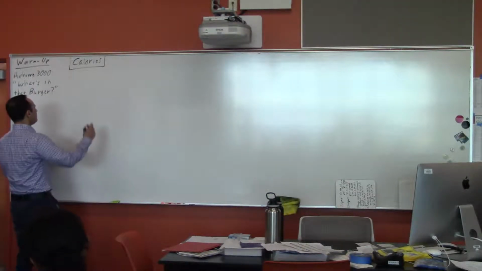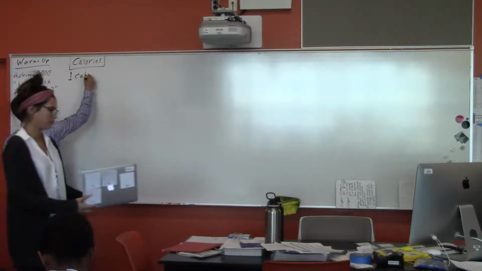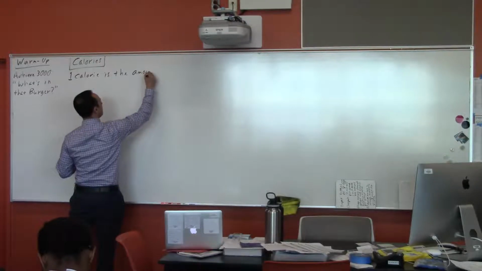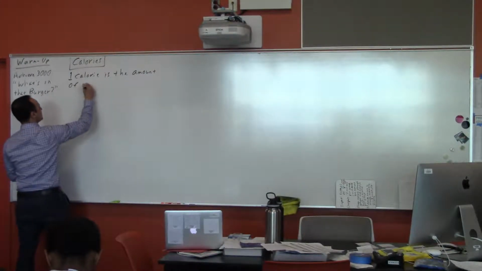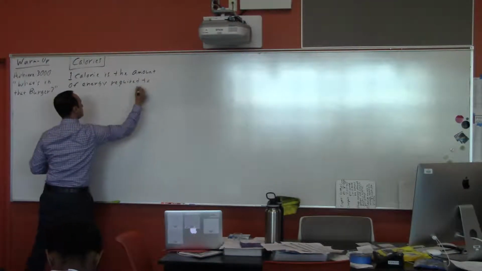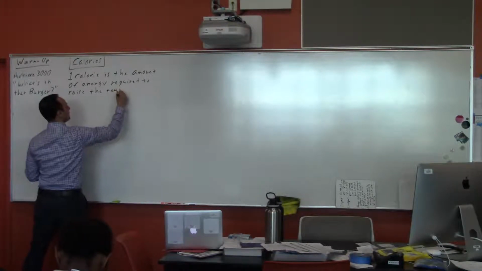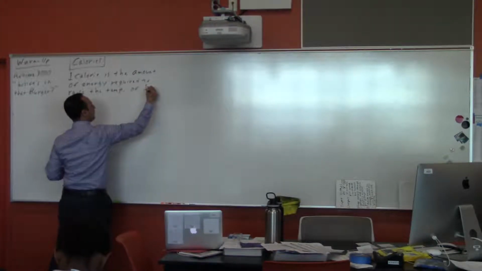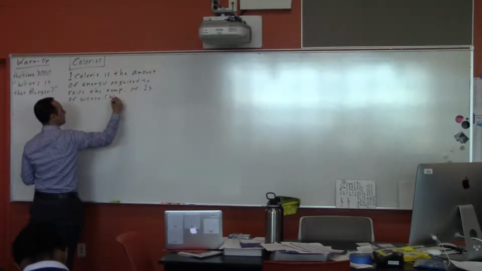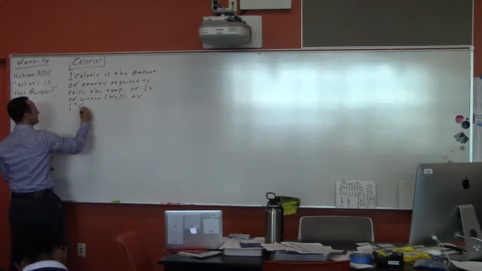So, the calorie is defined like this. One calorie is the amount of energy required to raise the temperature of 1 gram of water, and of course the chemical formula for water is H2O, by 1 degree Celsius.